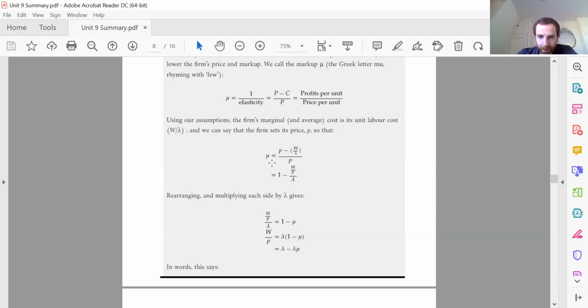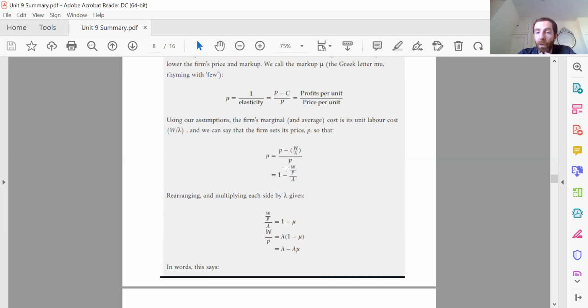This bit here is just what's coming from above, that mu, the markup, is equal to the price that a firm charges minus, and here we've replaced C, which represents the marginal cost, with what I discussed above: that the marginal cost is the nominal wage divided by the productivity of labor. So we've got markup is equal to price minus marginal cost over price.